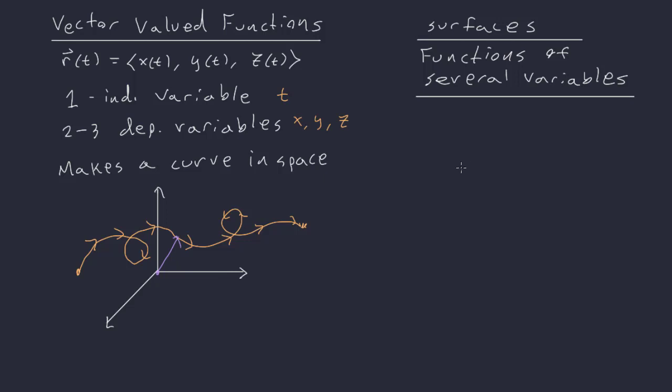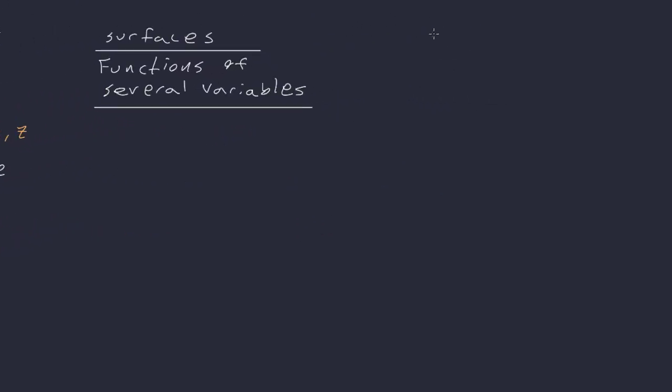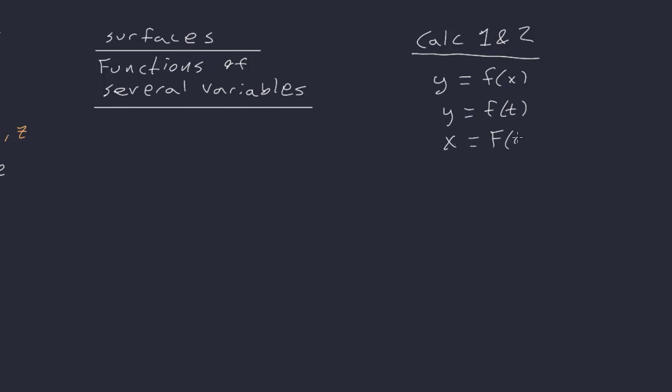If I shift over for a minute, in our Cal 1 and Cal 2 world, and pre-cal and algebra, it was always stuff like y equals f of x, or it could have been y equals f of t, or x is some function of y. So one independent variable, one dependent variable.